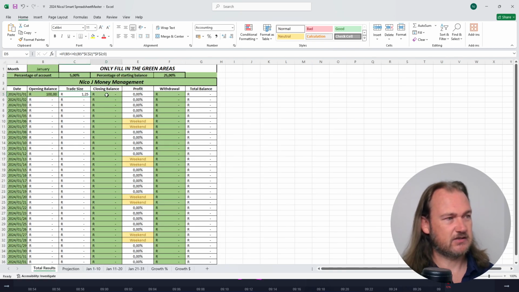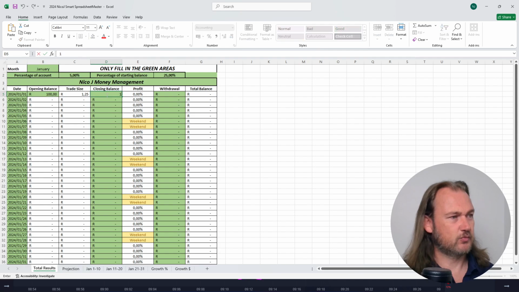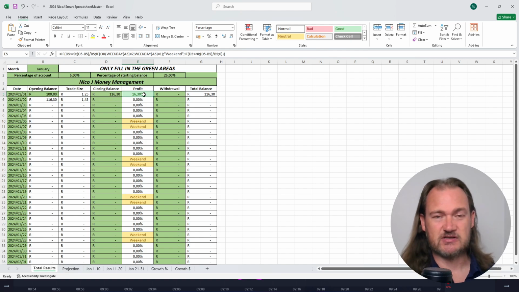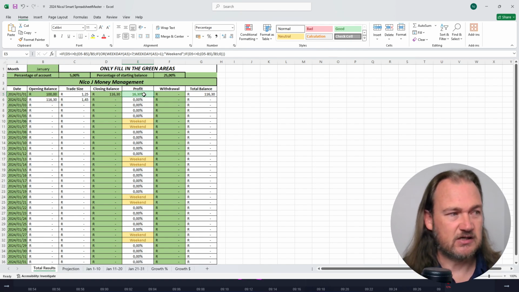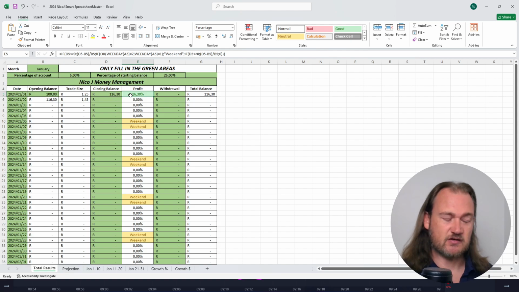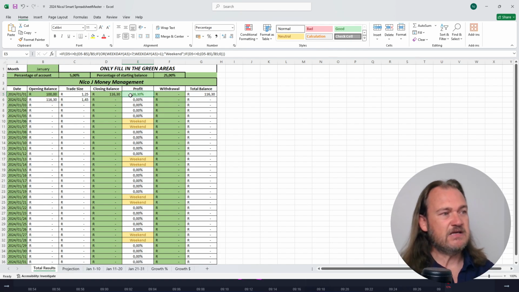And if we go back here and I put in 116.30, it shows me I did 16% growth. So after only 7 trades, I managed 16% growth in this case, but I only risked 5% of my capital. So that's a beautiful risk-reward ratio.